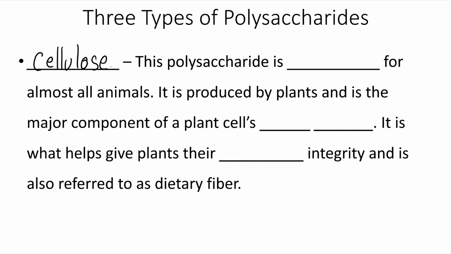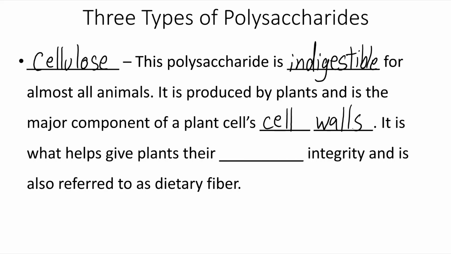This polysaccharide is indigestible from almost all animals. It is produced by plants and is the major component of a plant cell's cell walls. It is what helps give plants their structural integrity. And it is also referred to as dietary fiber.